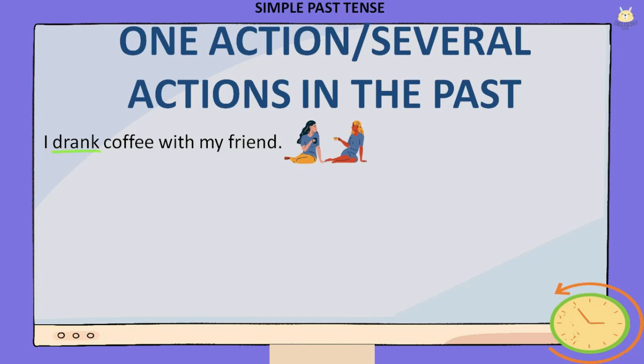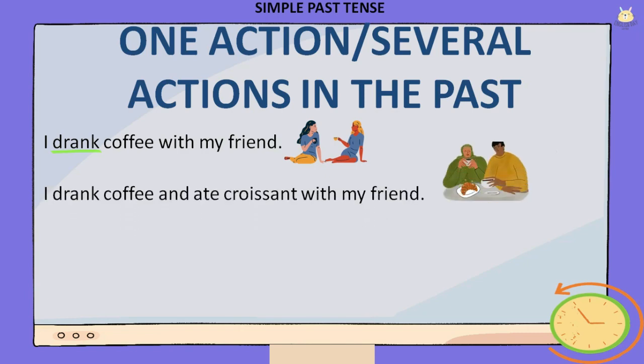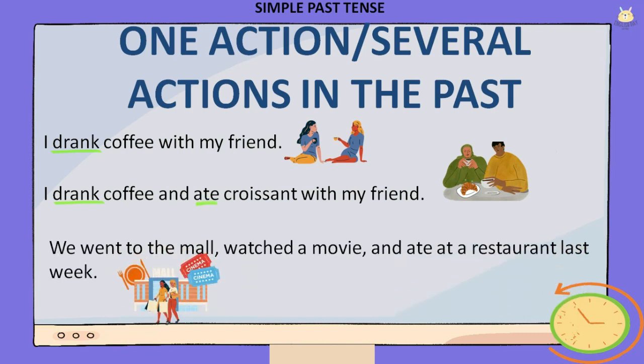Just drank coffee with her friend. Now, let's move on to a sentence with more than one action. Here, we have I drank coffee and ate a croissant with my friend. So here, she did two things, drank and ate.